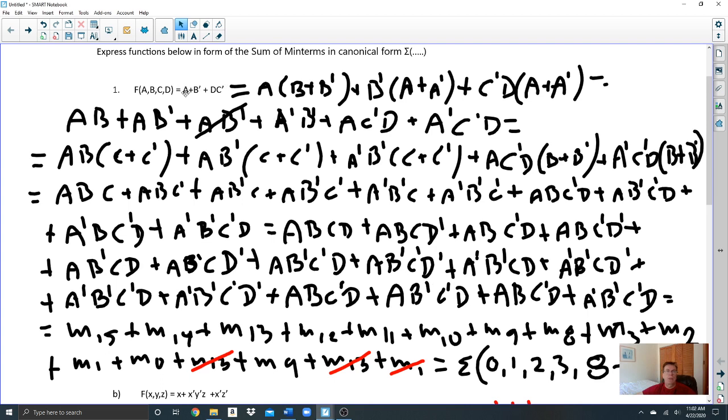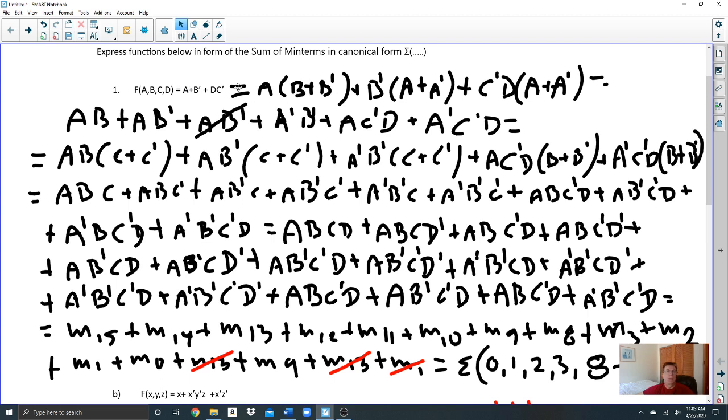So we have three terms: a, b prime, and c prime d. We have to expand it into the missing variables without altering the function. That means you cannot just add b to a, but you can multiply a times 1 in the form of b plus b prime.